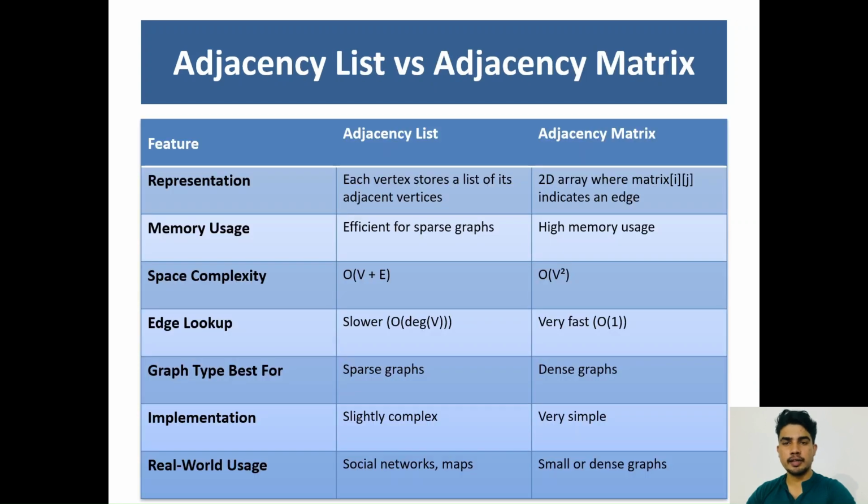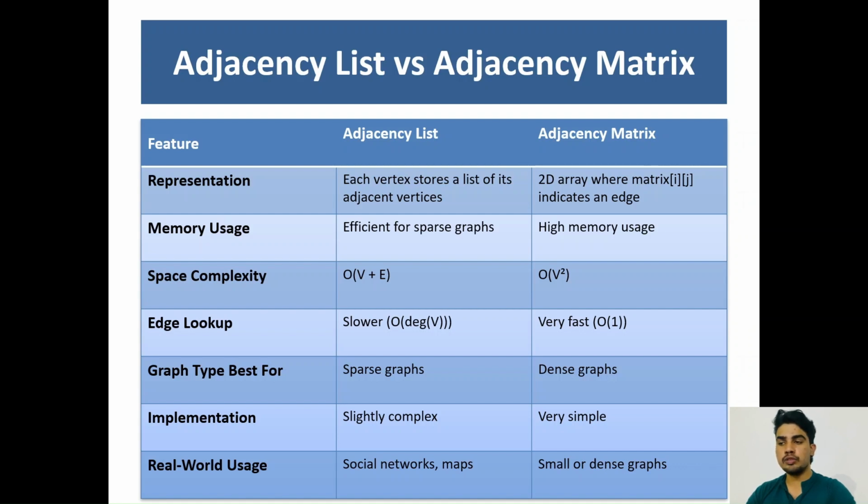Now let's clearly compare adjacency list and adjacency matrix. First, we look into representation. In an adjacency list, each vertex stores a list of its adjacent or connected vertices. In contrast, an adjacency matrix uses a 2D array where matrix[i][j] tells us whether there is an edge between vertex i and vertex j.